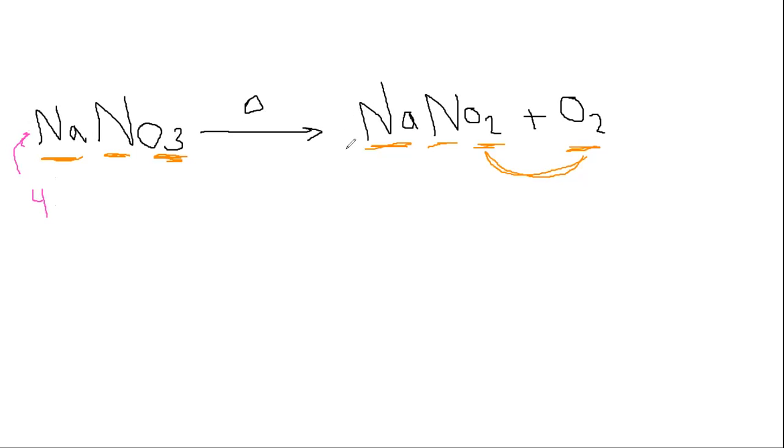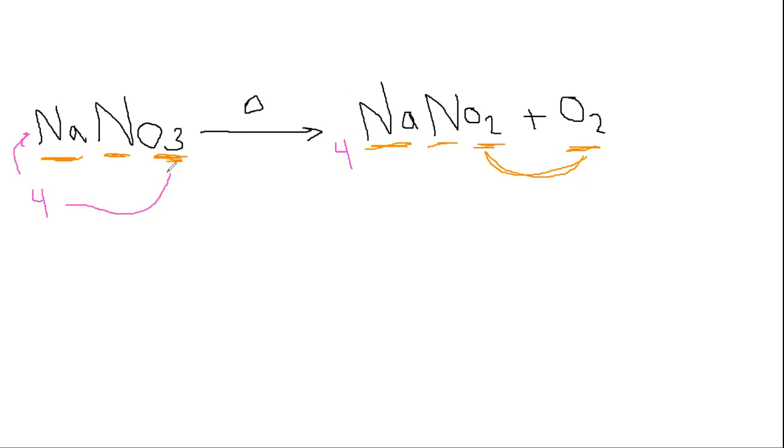You said that we must put 4 in front of this compound. Okay, right? So what is the number that we are going to put before NaNO2 to be balanced? Do you mean 4 also? Try to make 4. 4Na, 4Na, 4N, 4N.